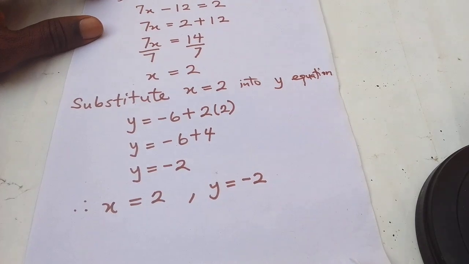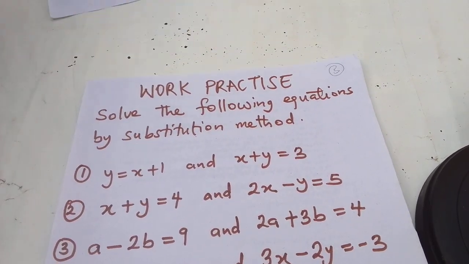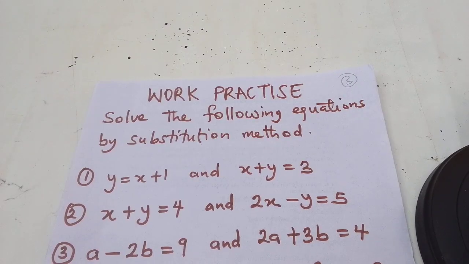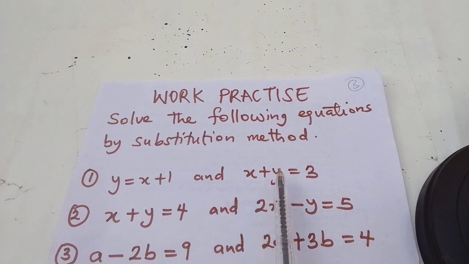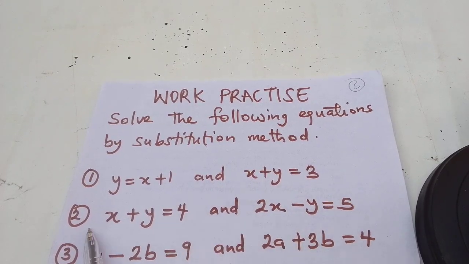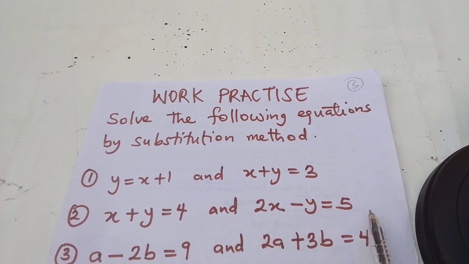So for the work practice, you are going to do this. Solve the following equations by substitution method. Number 1, y equals x plus 1 and x plus y equals 3. Number 2, x plus y equals 4 and 2x minus y is equal to 5.